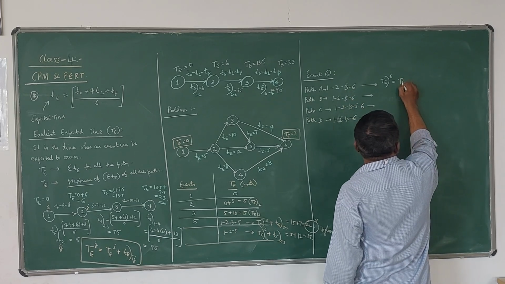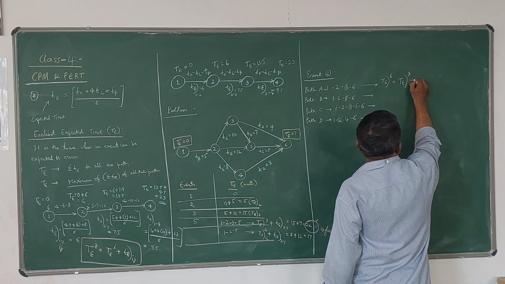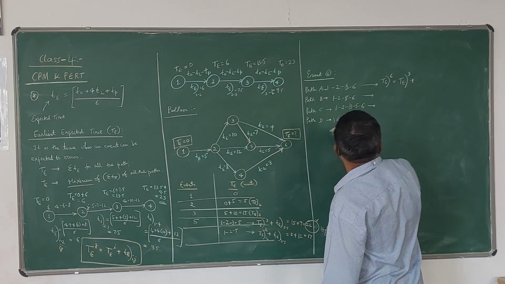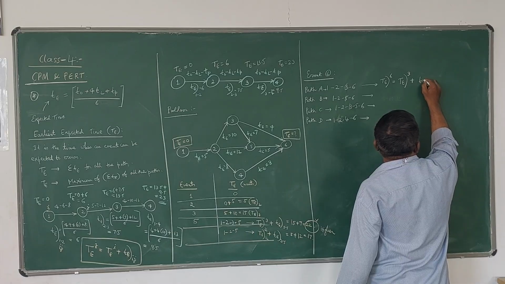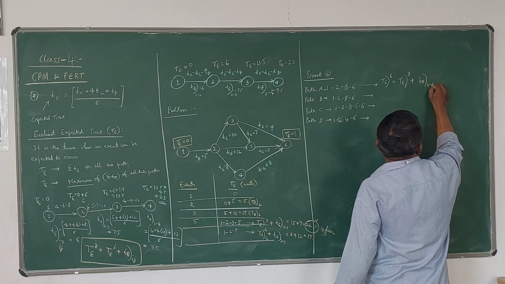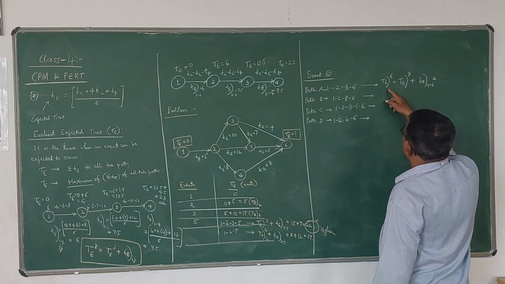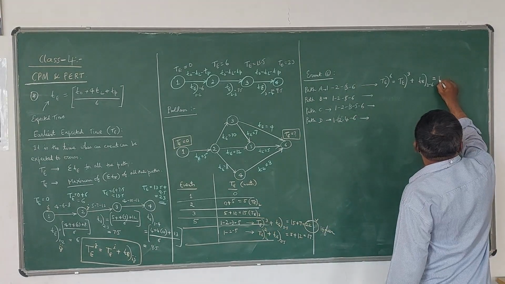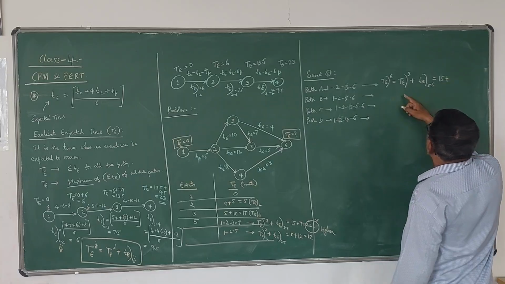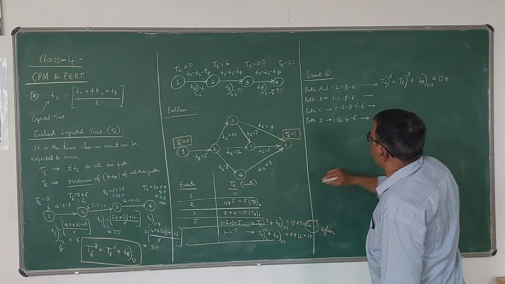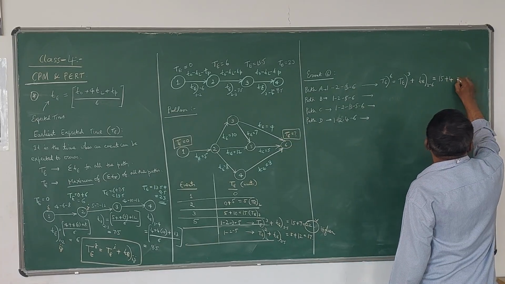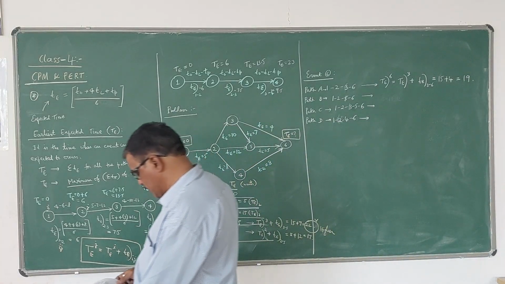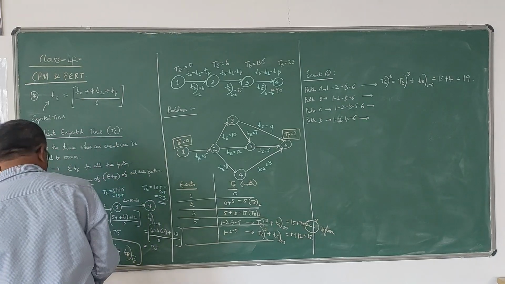So TE6 will be TE3 plus small t of 3, 6. T of 3 is 15, plus t of 3, 6 is 4. So 15 plus 4, 19. The first value of TE is 19.